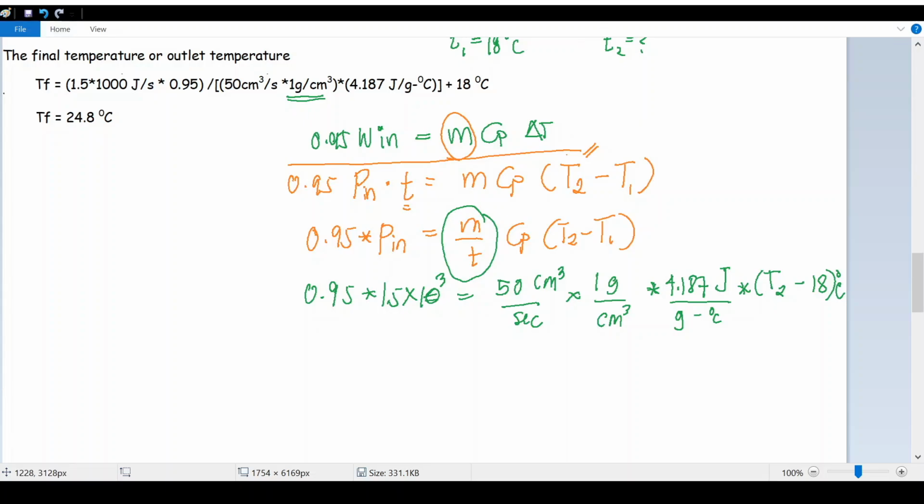You can see that in this equation, this is power in watts, which is actually joules per second.